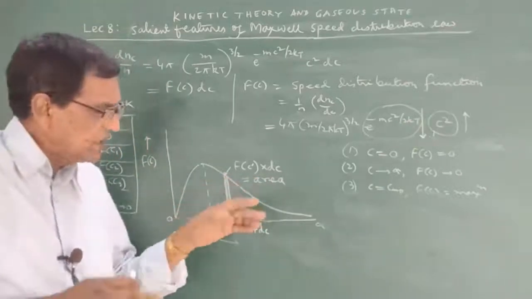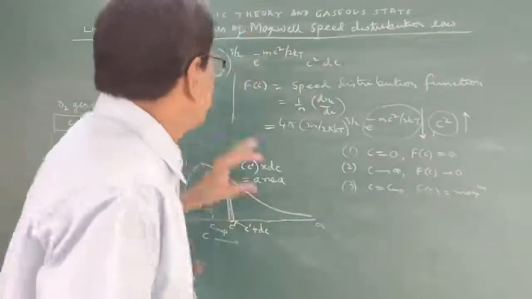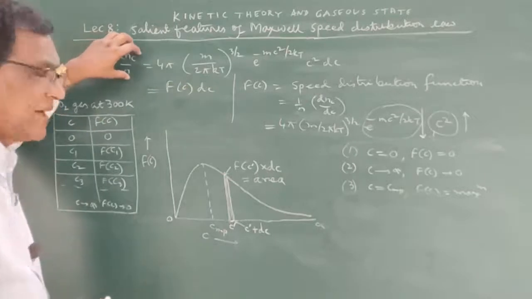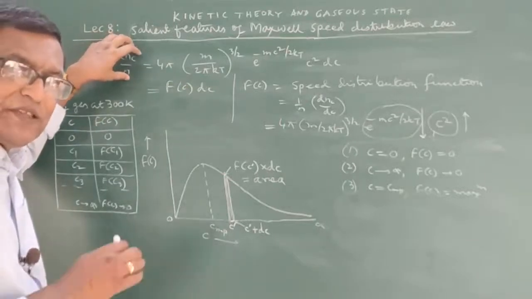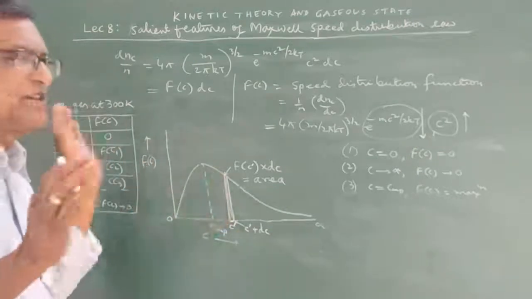What this area represents. The area represents f(c)dc. The area represents the fraction of the molecules having the speed c' within the range dc.